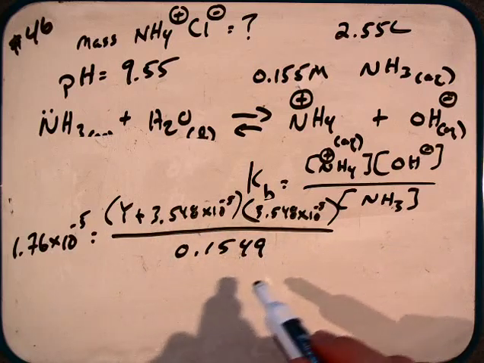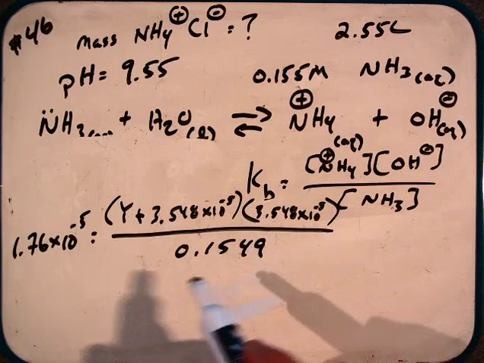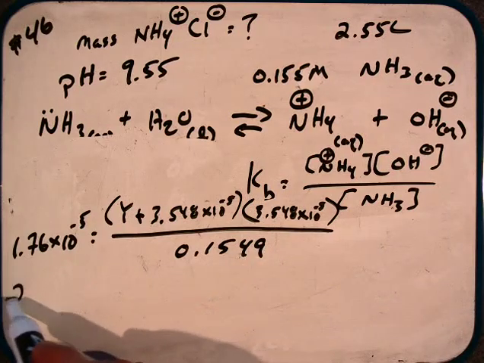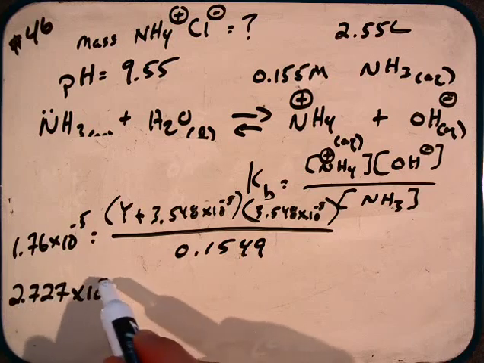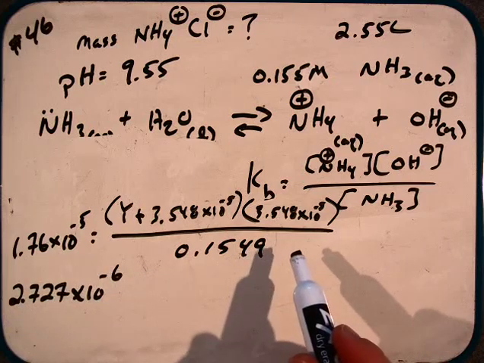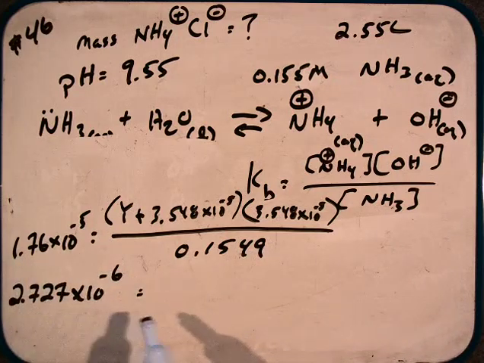We got those values from the ICE table. I'm sorry I had to erase that, but we can solve for what y is going to be if we do some rearranging. If we bring our 0.1549 over, we get this value.